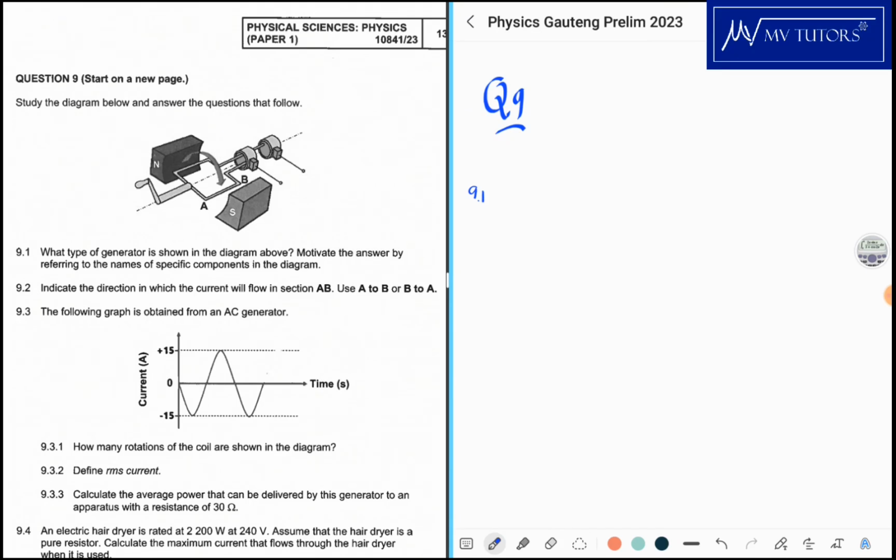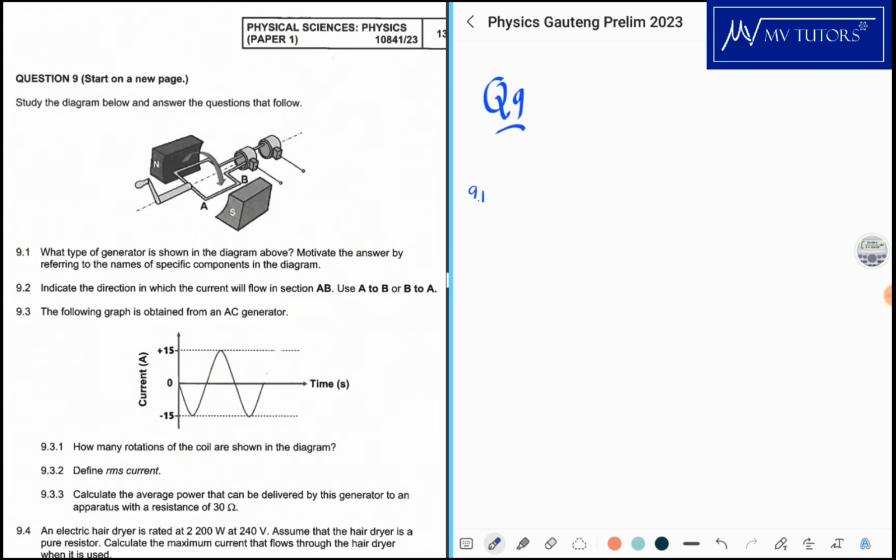So let's go to 9.1. What type of generator is shown in the diagram above? Motivate the answer by referring to the names of specific components in the diagram. Slip rings, we normally find them with alternating current, whereas the split ring will be for DC.